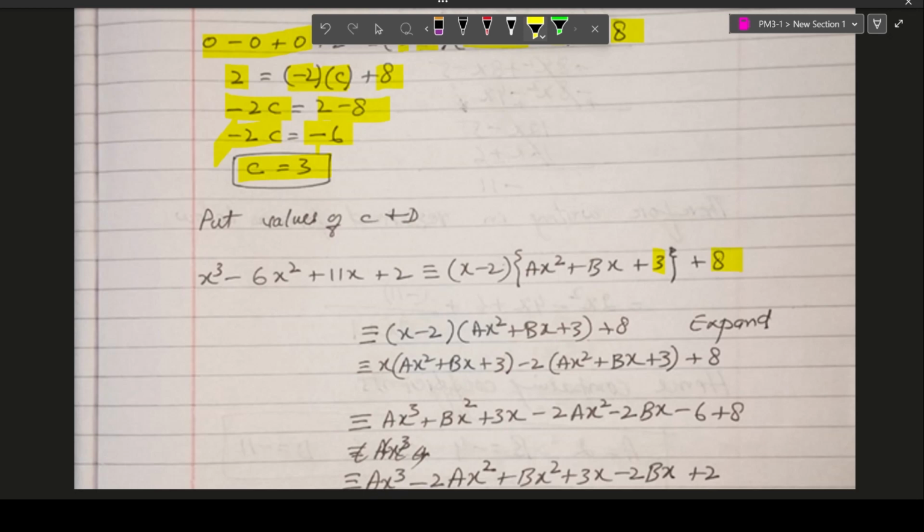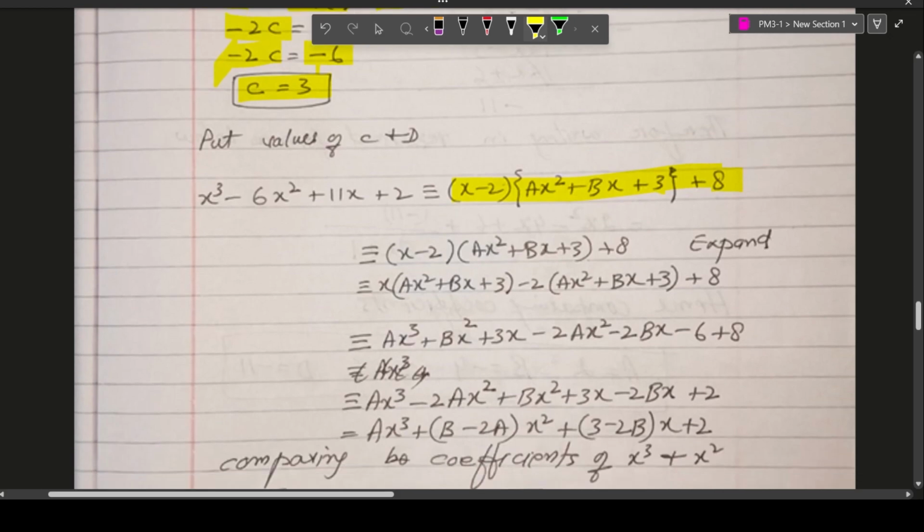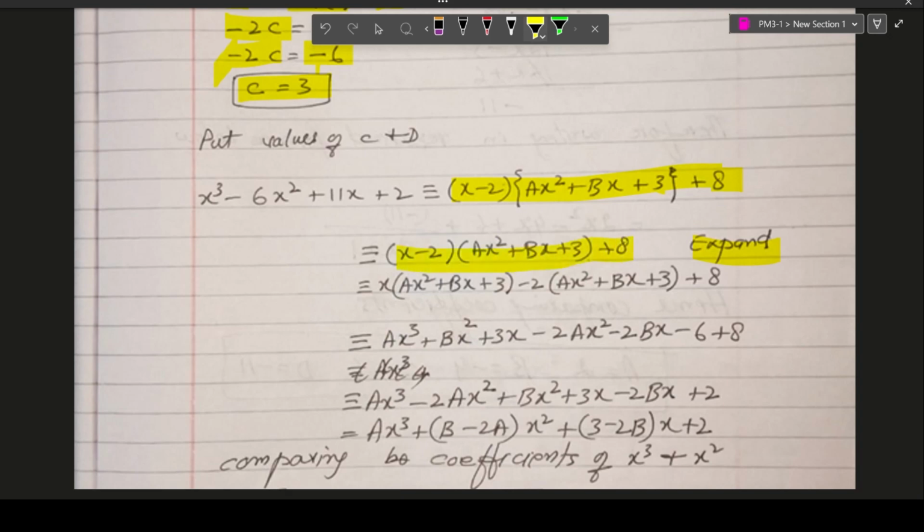Now if you expand the whole equation, that's why I wrote here expand. So it will be x minus 2 times ax square plus bx plus 3, plus 8, and then again you will break from here, x times the second bracket, minus the second part, minus 2, which is here, times the same bracket again, plus 8.